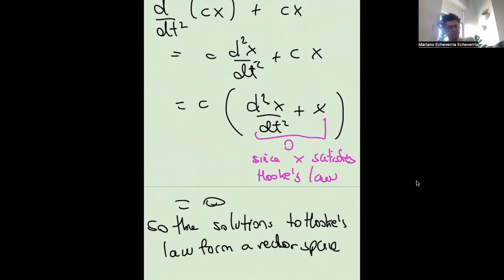But it's useful to mention because if you take a class on differential equations, this sort of equation, like Hooke's law, is called a differential equation. So it's saying that there are certain differential equations which form vector spaces.